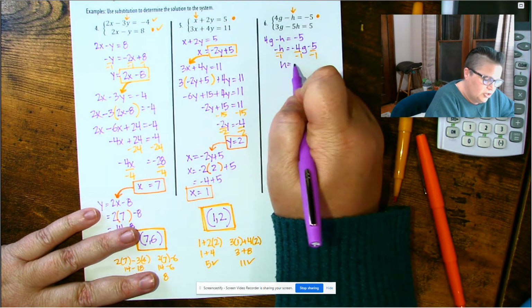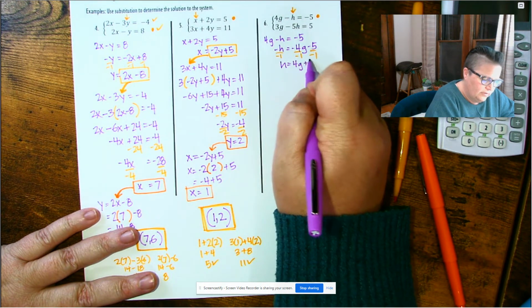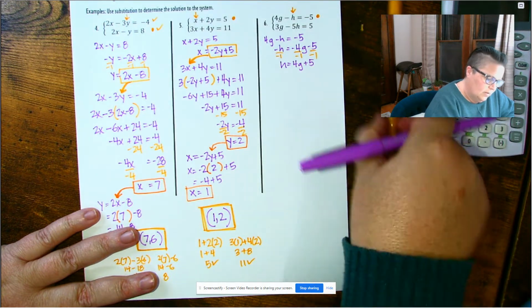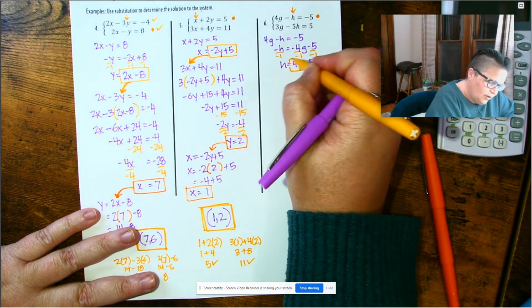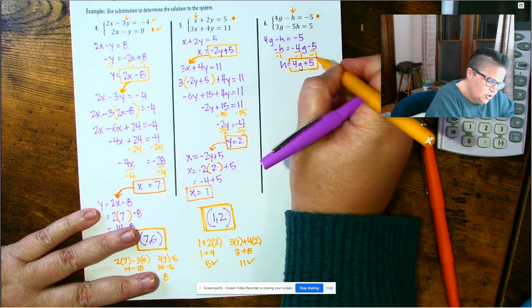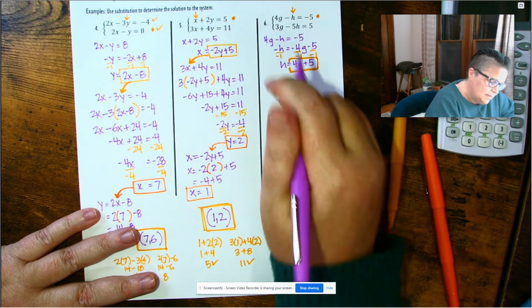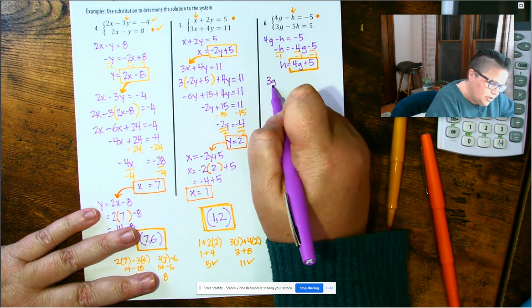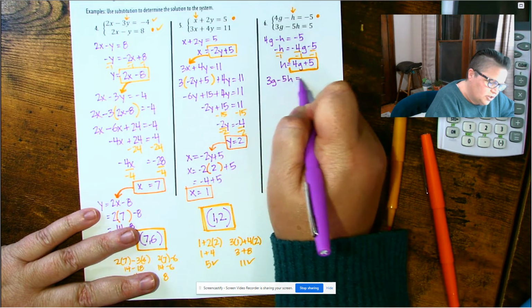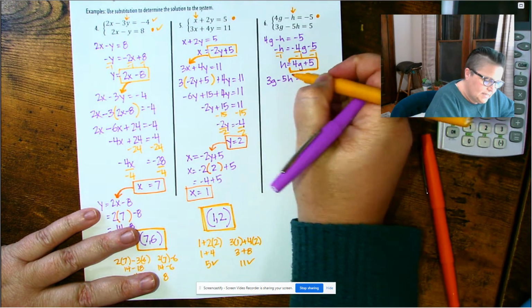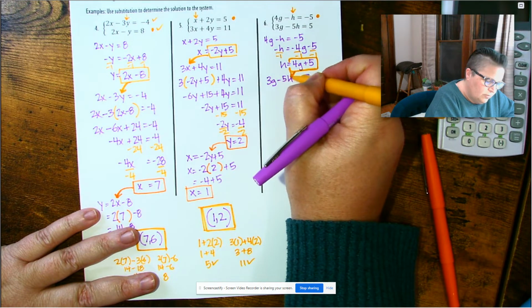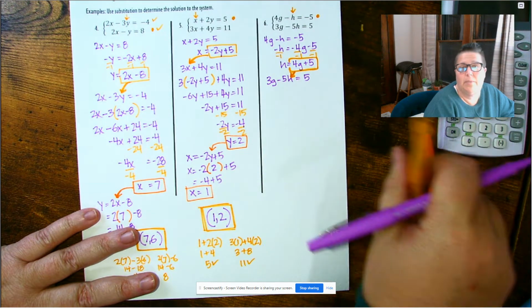So we have h is 4g plus 5. Now, I'm going to take this mess for h. Since it's equal to h, that means in the second equation, 3g minus 5h equals 5, I can take out the h and put in everything that's in that box.